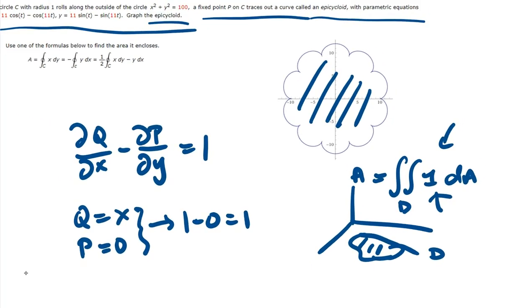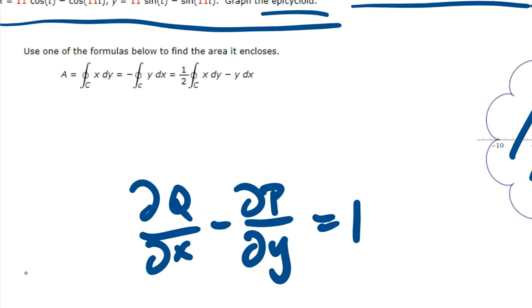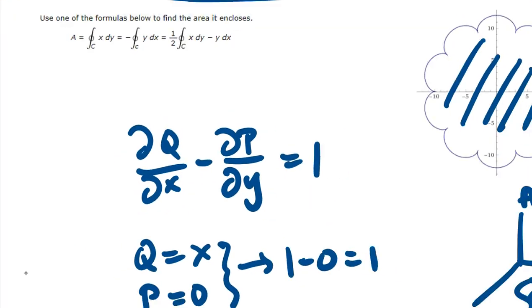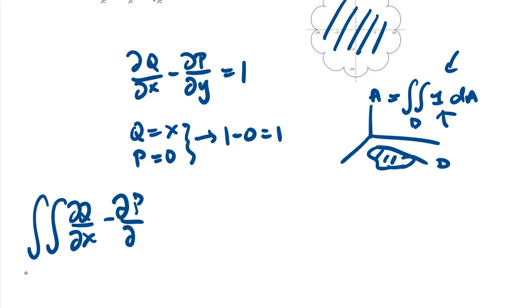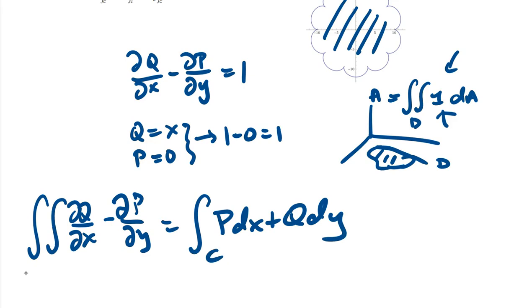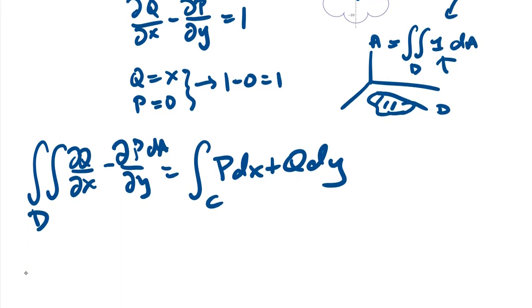So if Q is x and P is 0, then this double integral of partial Q with respect to x minus partial P with respect to y, dA over D, is the integral of P dx plus Q dy over C. Well, partial Q with respect to x is 1, so this all reduces down to 1.